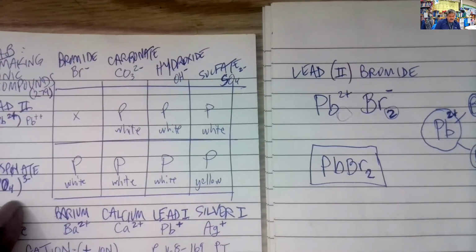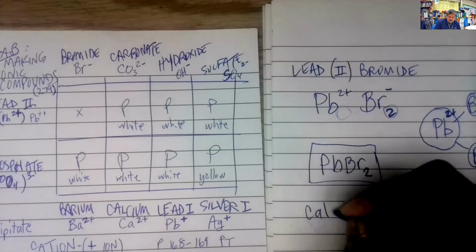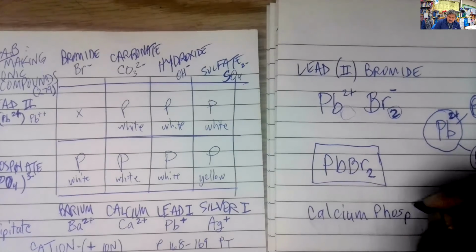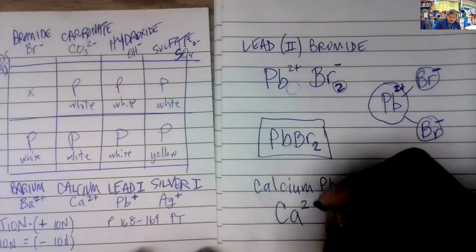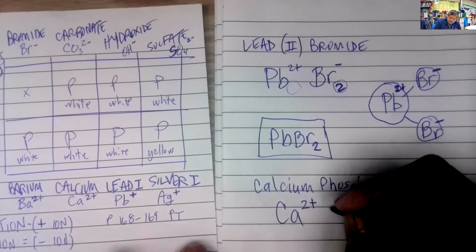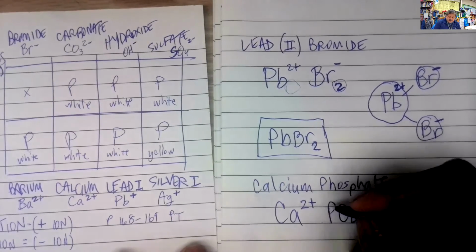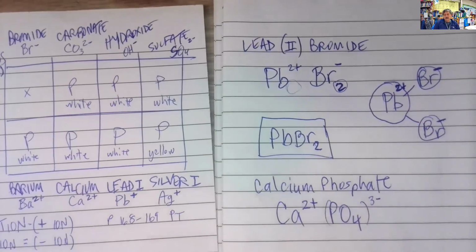So these are a little bit tougher. Let's do calcium phosphate. Now calcium is Ca, and it's 2 plus. And phosphate is PO4, and this whole thing has a 3 minus charge.